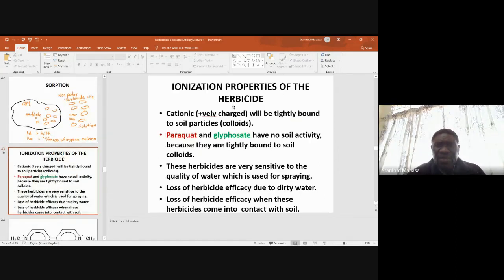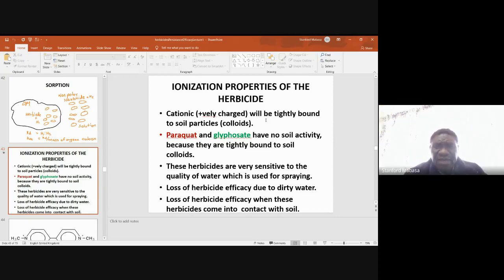Now let us look at the ionization properties of the herbicide. If the herbicide has got positive charges, we say it is cationic. And because of the positive charges, it will be attracted to soil particles or colloids and tightly bound.